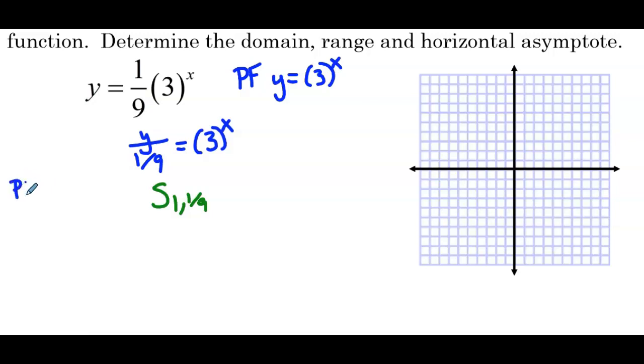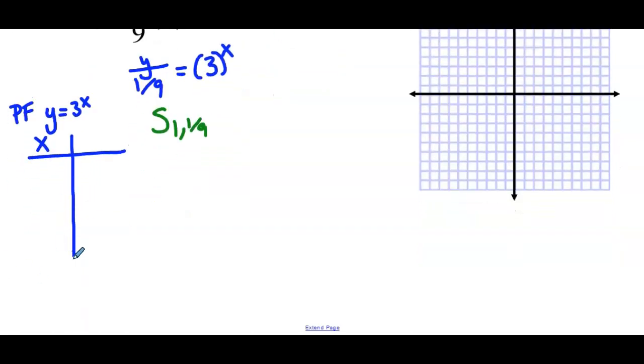So we'll start with our parent function, y equals 3 to the x, and create our table of values. So x and y: -2, -1, 0, 1, 2. Now because I notice that we're going to be multiplying the y values by 1/9, I'm going to include a few more positive x values that might be a little bit larger than normally fit on the graph, but possibly when we multiply by 1/9 will fit.